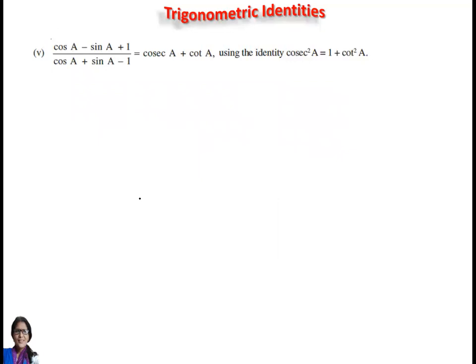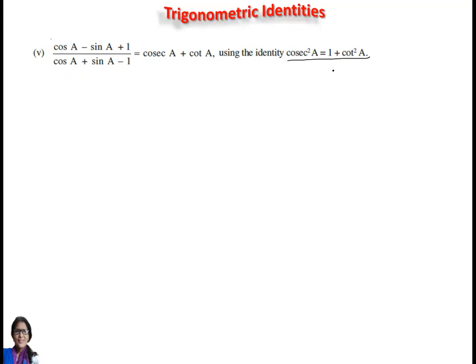Question number 5. (Cos A minus sin A plus 1) by (cos A plus sin A minus 1) is equal to cosec A plus cot A, using identities cosec square A is equal to 1 plus cot square A. You have to apply these identities. You have to prove. How will you get cosec?